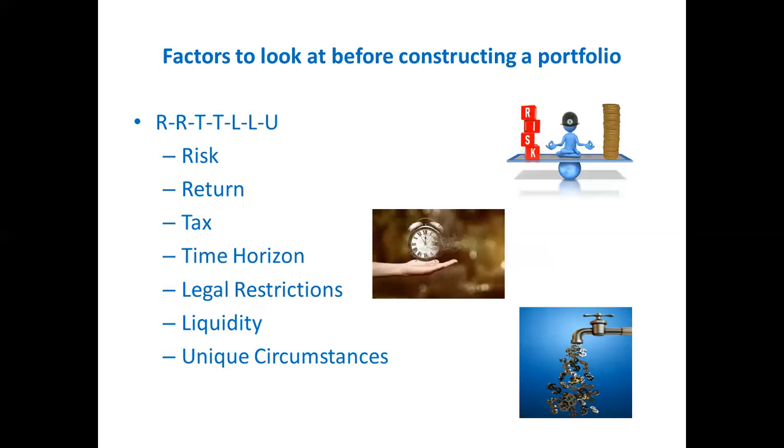Because liquidity is not very high. Whereas if I invest in equities or fixed income, then the liquidity is certainly high compared to real estate. Then there could be some unique circumstances. There could be investors who would say, let's say I do not want to invest in alcohol or liquor stocks, or I do not want to invest in tobacco companies. So these are some of the unique circumstances that you need to look at.